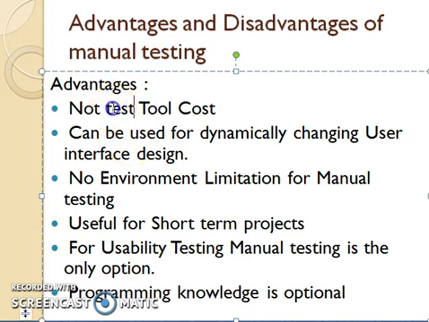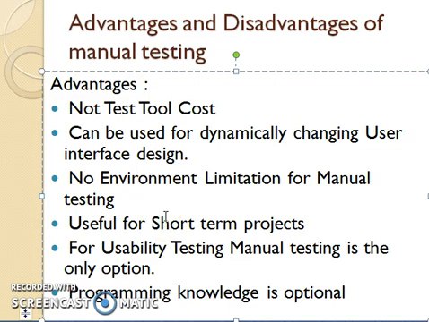Then it can be used for dynamically changing user interface designs, that is UI designs. For applications where the user requirements are continuously or dynamically changing, we use this manual testing. And there is no environment limitation for manual testing, as for example the QTP tool.